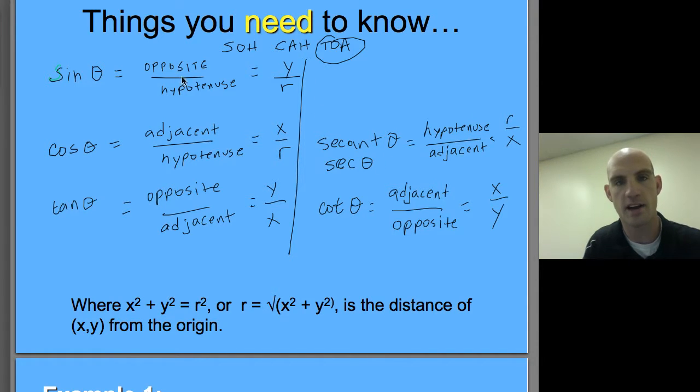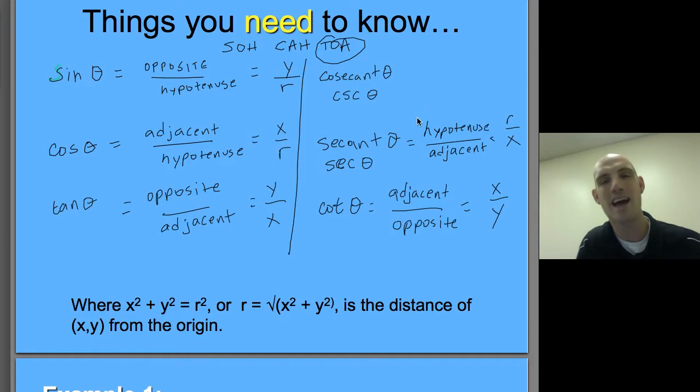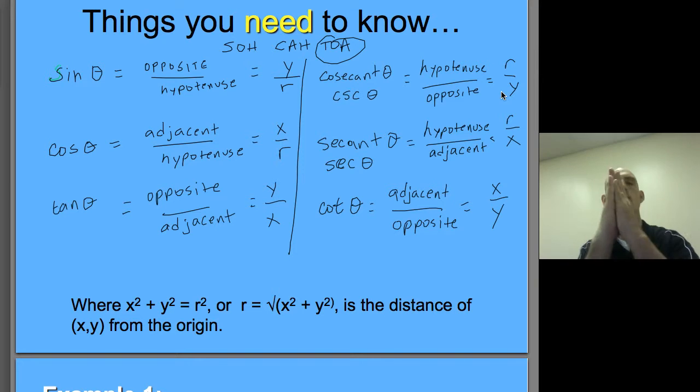And the one that goes with sine is cosecant. So cosecant theta, it's abbreviated CSC, is going to be the hypotenuse over the opposite, which is going to give me r over y.